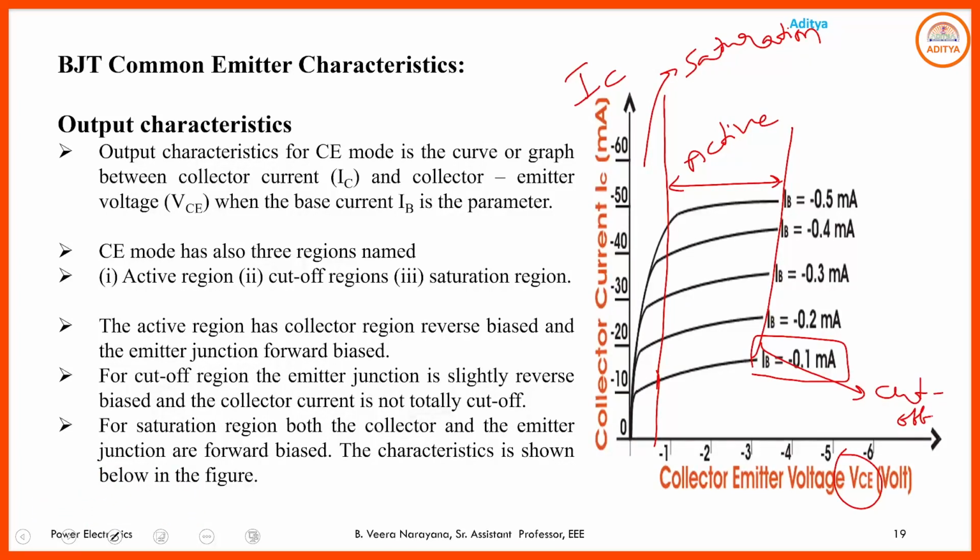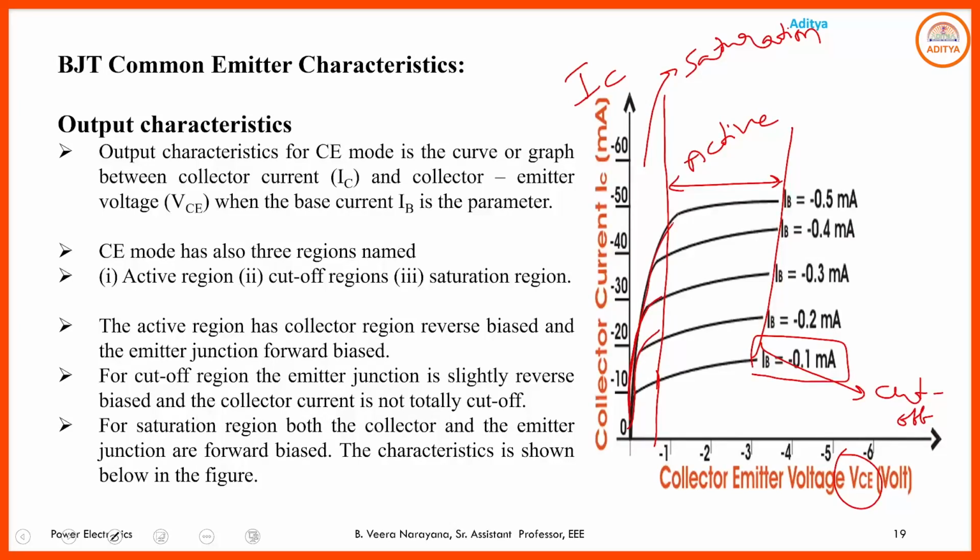If you go through the saturation region, the initial part of this output curve increases linearly with respect to the voltage. That portion is considered the saturation region. In that saturation region, the BJT operates like a switch.